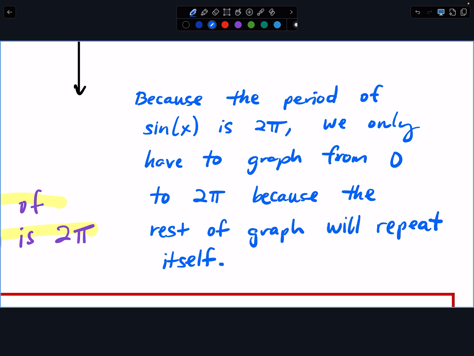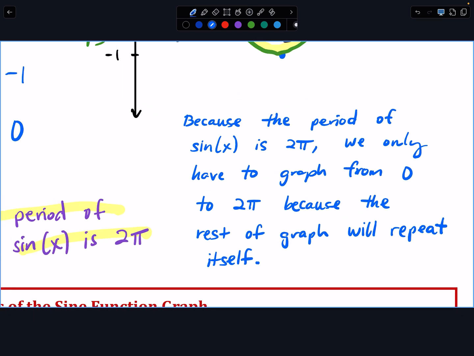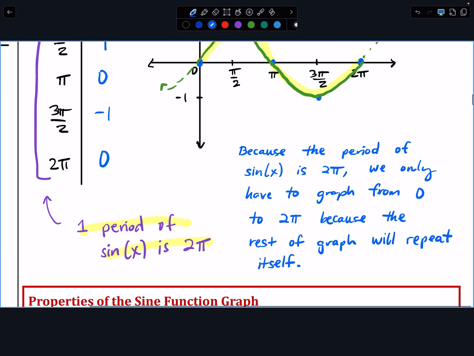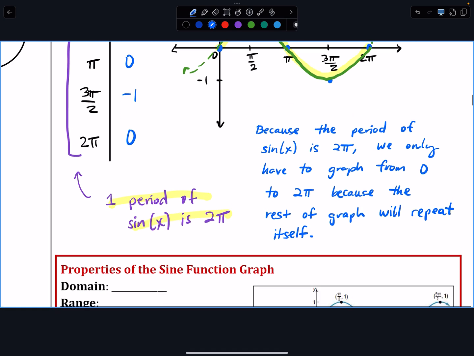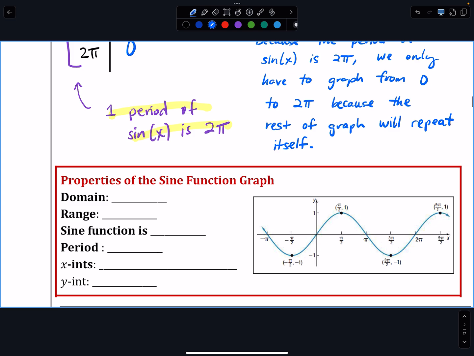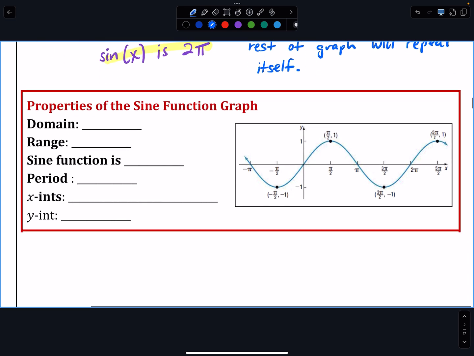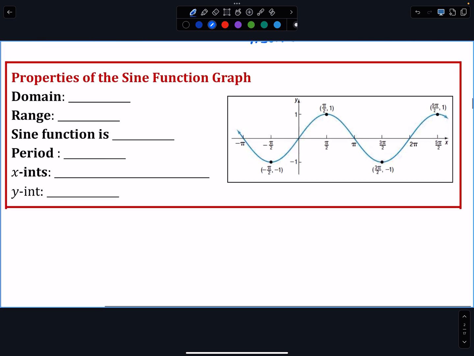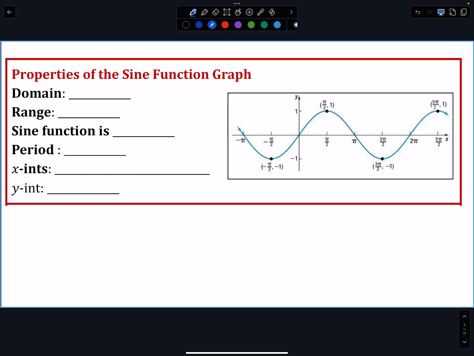Wait till we get to tangent and the other ones next week. Those ones are really weird. Okay? So, let's talk about some properties.